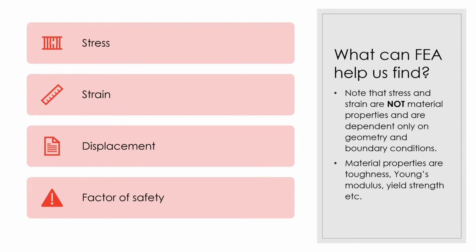Yeah. So things like displacement and factor of safety are dependent on the properties of the material, properties like toughness, strength, yield strength, Young's modulus, stuff that we probably won't go into now because it starts to get a bit complicated. But you can pick any material in Fusion and quickly get an idea of the kind of stresses that will be going through it.